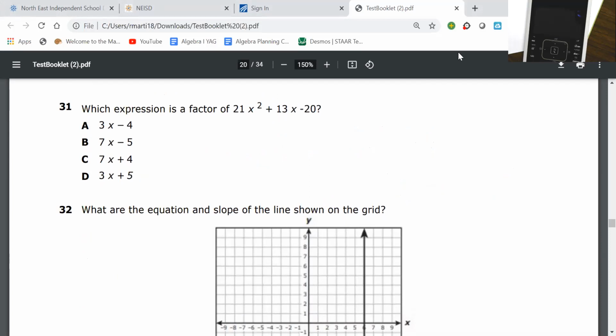Factoring by grouping is a difficult process. I think I showed you one problem when we got to that in Unit 6. I showed you one way to do that. And I said, but we're not going to do that because I'd need to spend about 3 days on it. We just don't have the time. But basically, it involves multiplying this 21 by that negative 20, and you get negative 420.